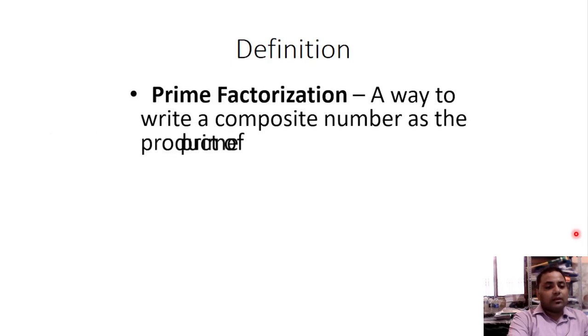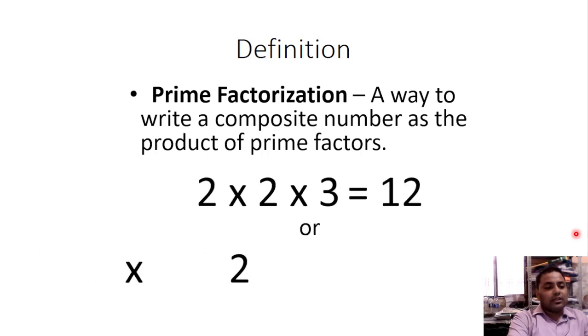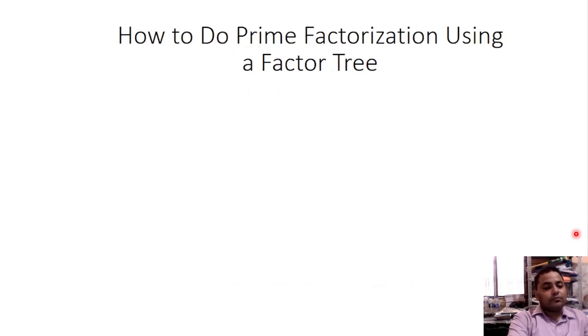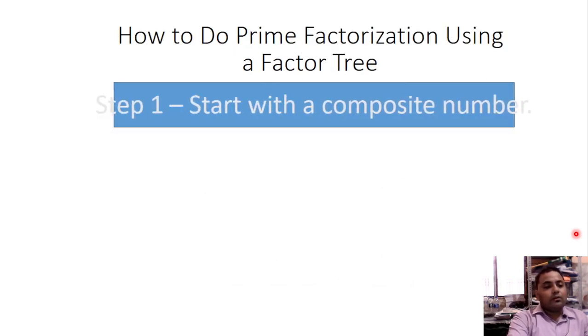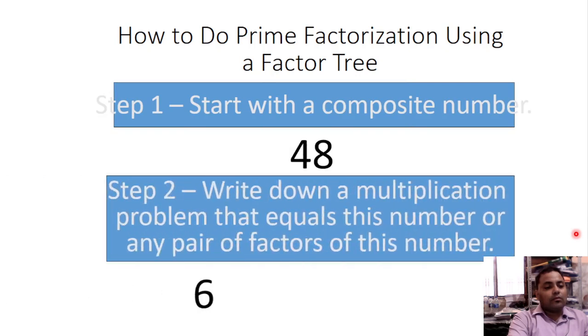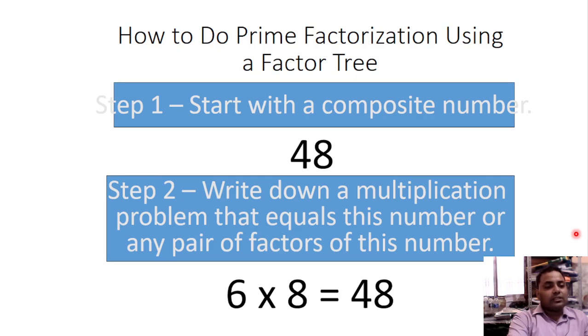Prime factorization: a way to write a composite number as the product of prime factors, like 2, 2, 3 are the prime factors of 12. How do we do prime factorization using a factor tree? Step 1: start with a composite number like 48.